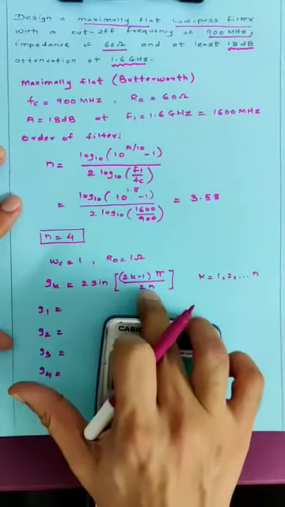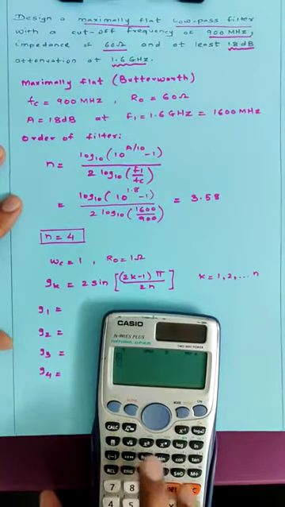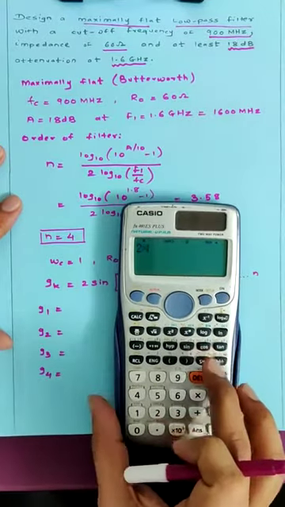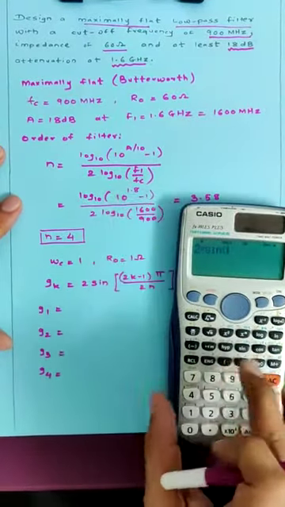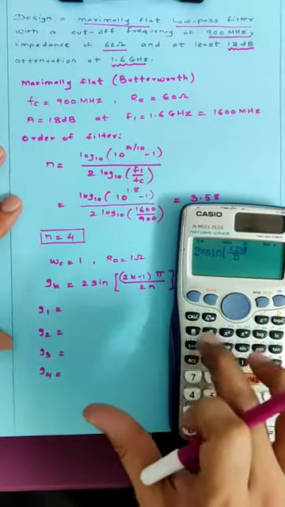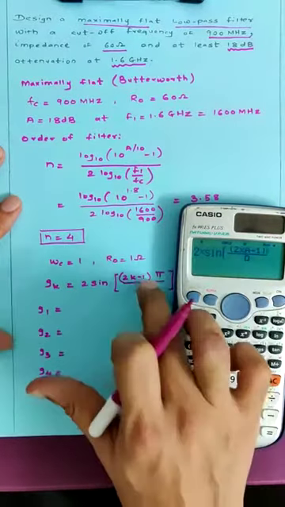We have already calculated n, so n is equal to 4. I will type this in the calculator. It goes like this: 2 into sine, and in the bracket I will write 2 into k minus 1, bracket close.